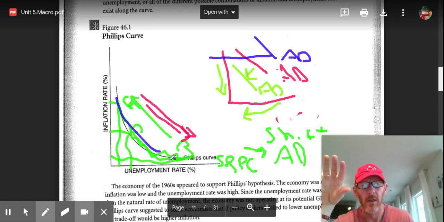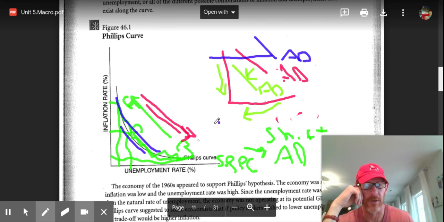The Phillips curve and the AD curve are essentially going in opposite directions, but you can see it when you look at AD. They sort of say the same thing. I'm not sure why you had to have a Phillips curve because it essentially says the same thing as an AD curve does, which, as you know, is in the short run. Okay. When we come back, I will do a long run Phillips curve and show you how that changes. All right.